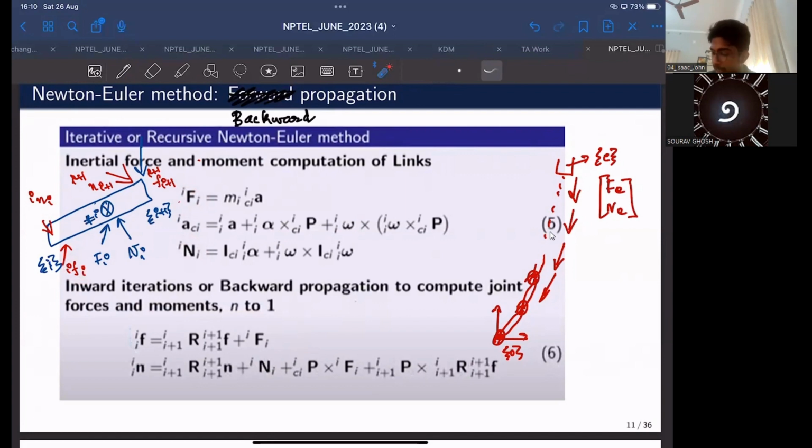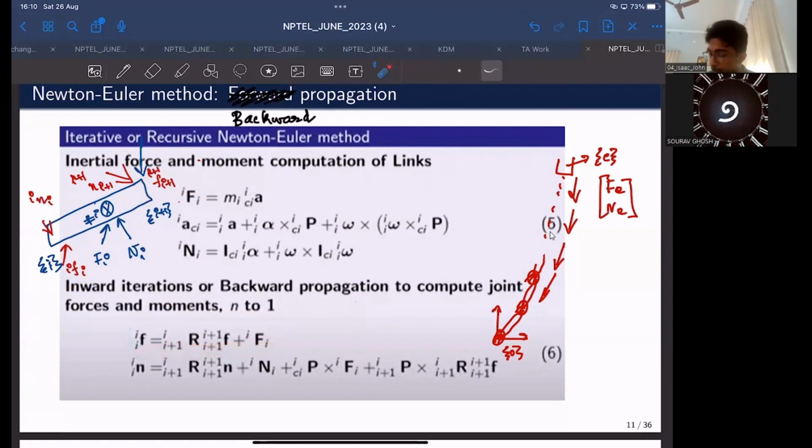So if you do a force balance, just by considering the forces alone, IFI would be the sum of these inertial forces Fi and the forces acting on the I+1 frame. That is nothing but this expression.